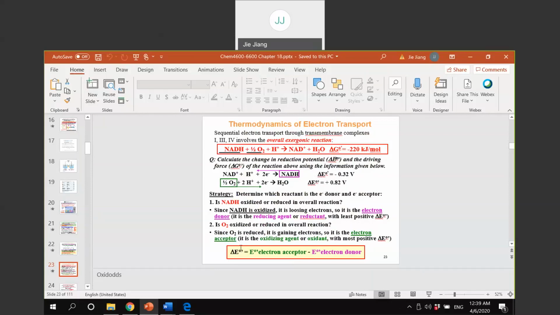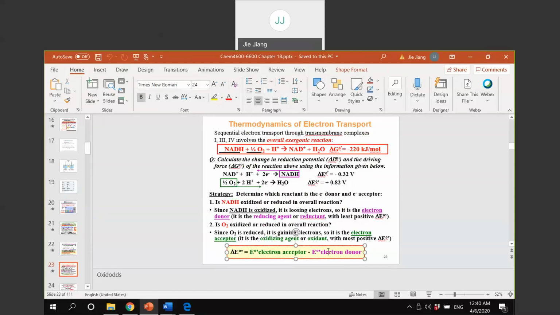And when you calculate your cell potential, it's always acceptor minus donor. So 0.82 minus negative 0.32. Okay, so here the negative, we still keep it negative. So that is your cell potential.